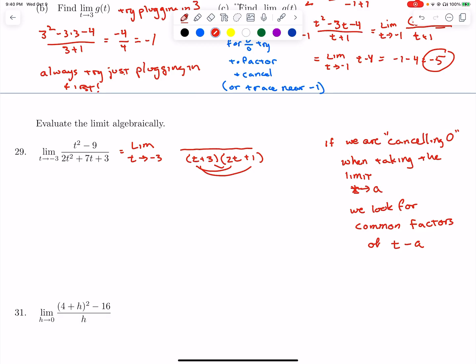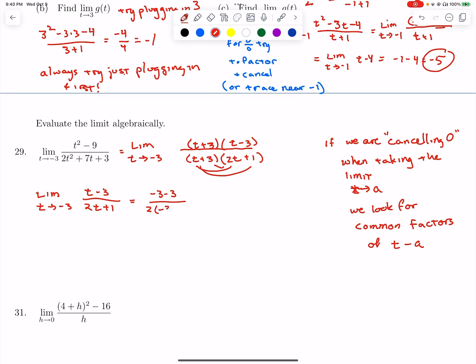So that's all good. Let's see. I think I'm going to be factoring out t plus 3 on the top. Is that right? Sure enough, this is a difference of squares, so this one's actually easier. Okay, factor, cancel, plug back in.